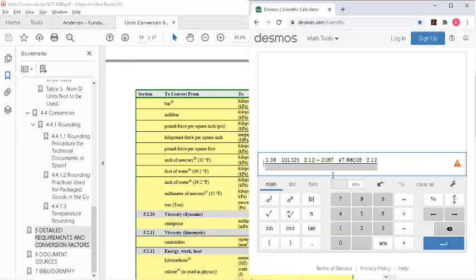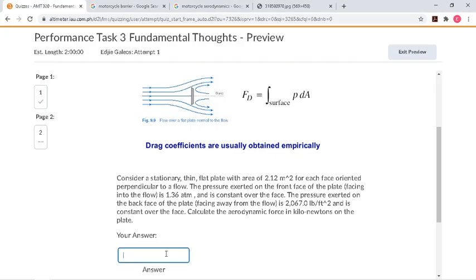This will give us pascal units divided by 1000. Pascal times meter squared will give you newtons. So our answer is 82 kilonewtons. That's a lot of force.